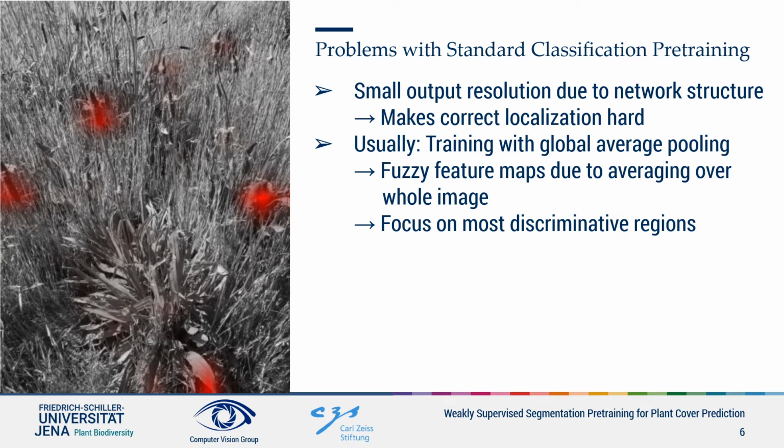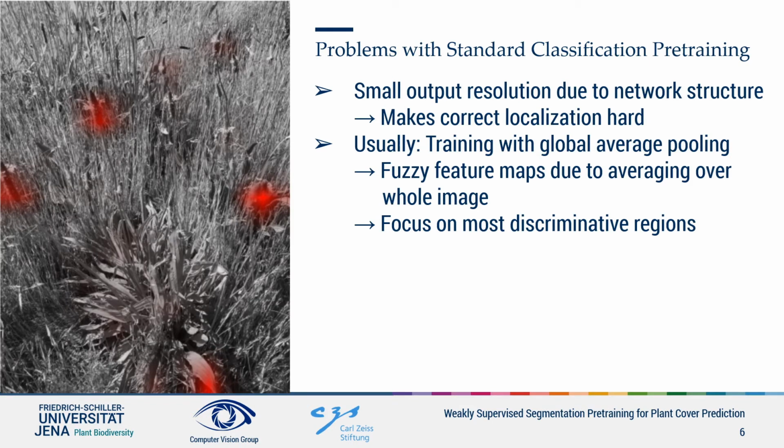However, there's also another caveat here, which is the extreme focus on the most discriminative regions. In the image on the left side, you can see, for example, the class activations of a network trained on classification data. You can see here that the network primarily focuses on the flowers or blossoms of the plant and less on the leaves of the plant.